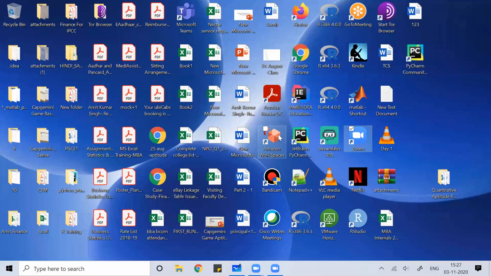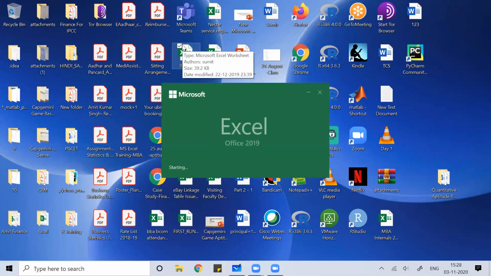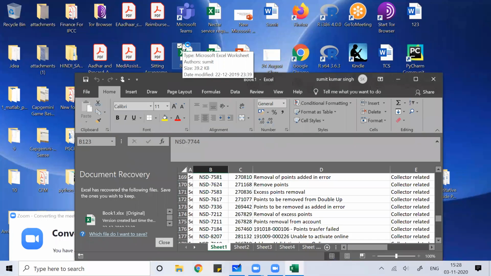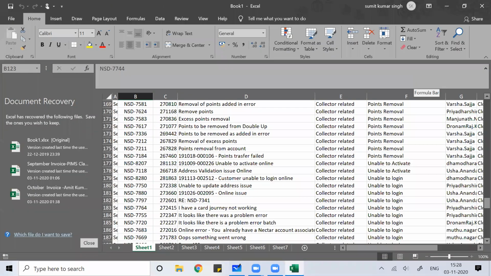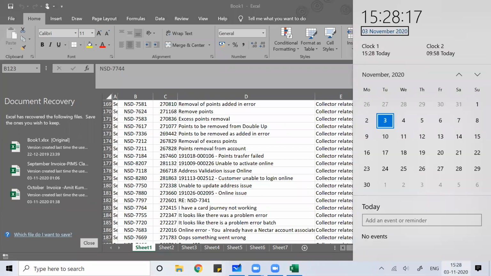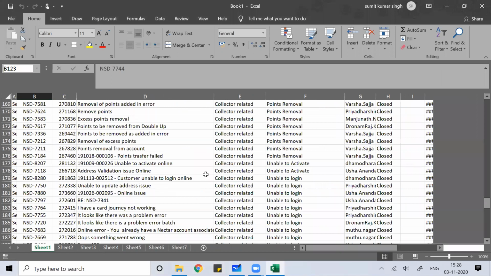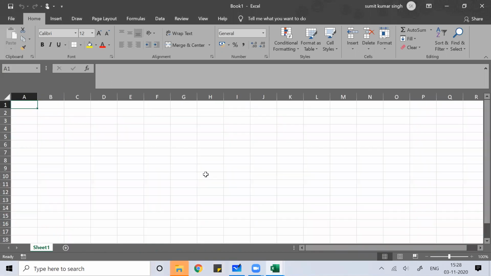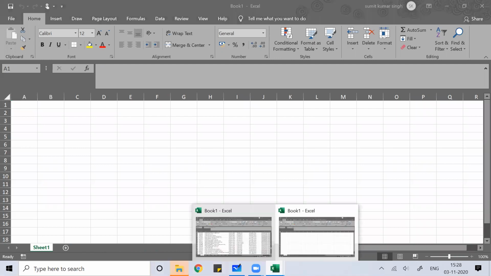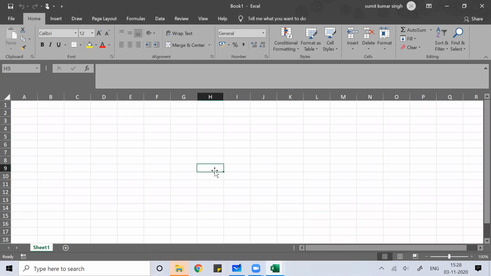You can do it with a calculator or you can do it with Excel.